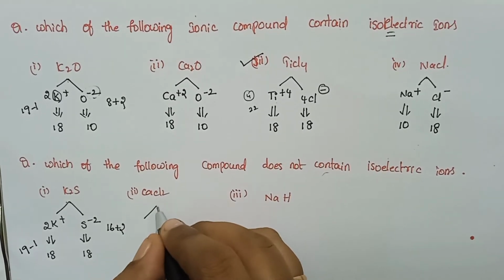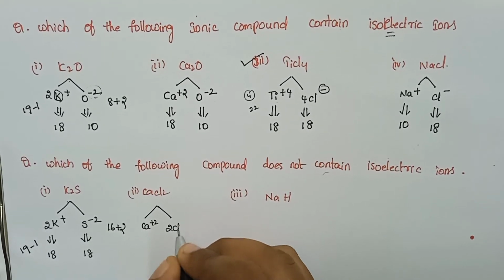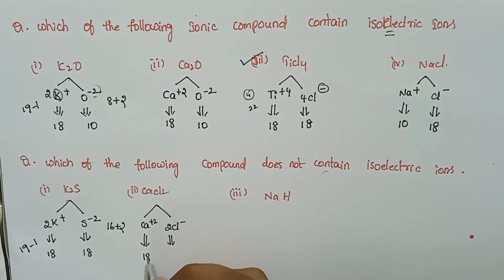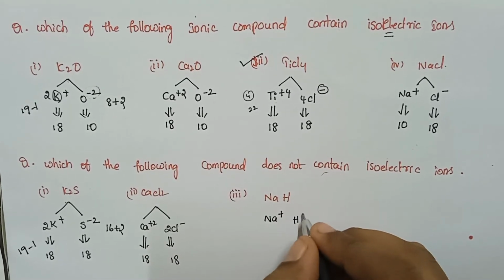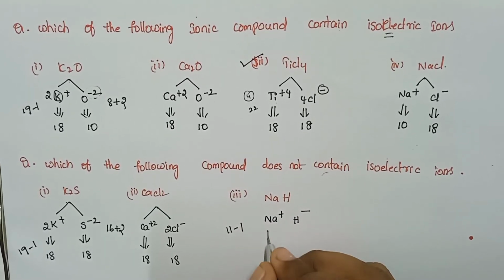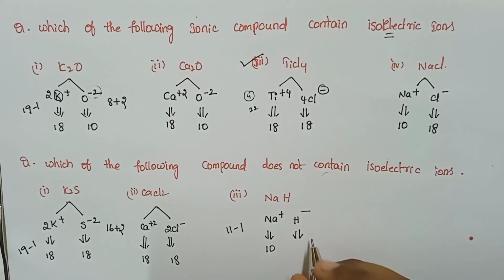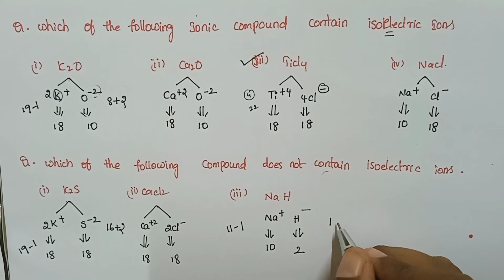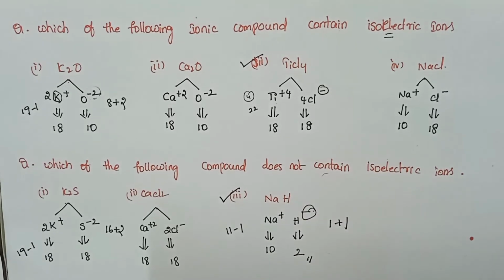CaCl2 is the same: Ca 2 plus, 2 Cl minus, that is 18 and 18. Then Na plus, H minus. Na 11 minus 1, 10. And hydrogen, atomic number 1, outermost electron 1, so 1 plus 1, so 2. The answer is NaH.